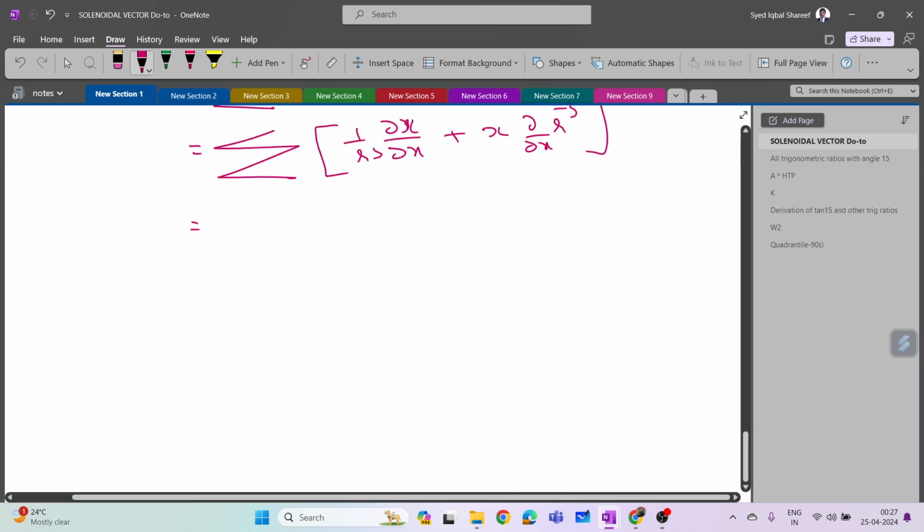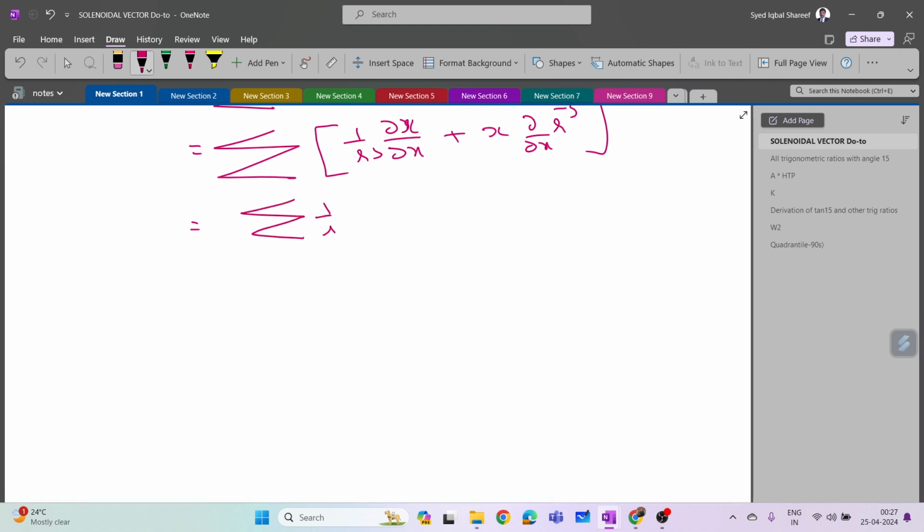So now ∂x/∂x is 1. So summation 1/r³, summation x as it is, minus 3 r^(-3-1) ∂r/∂x.